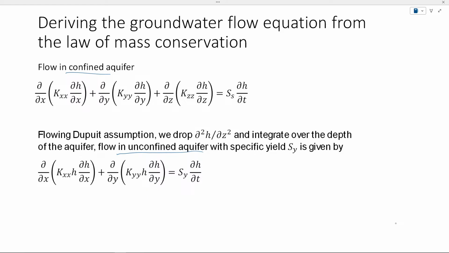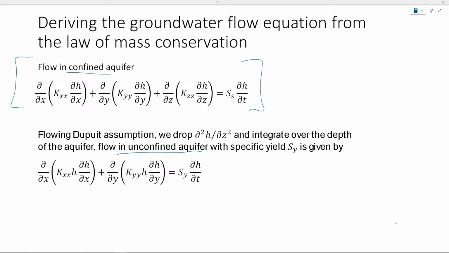This is not a hydrology class, so these details are absolutely not important. I don't expect you to know or understand them, but just look at the derivation and how it relates. This equation is the base of groundwater flow models.